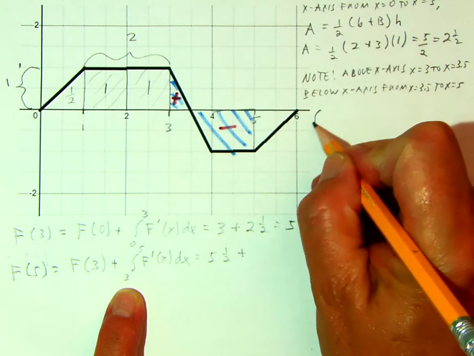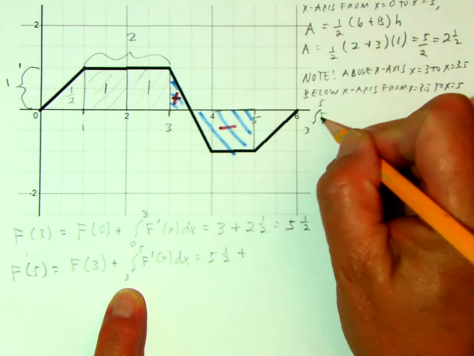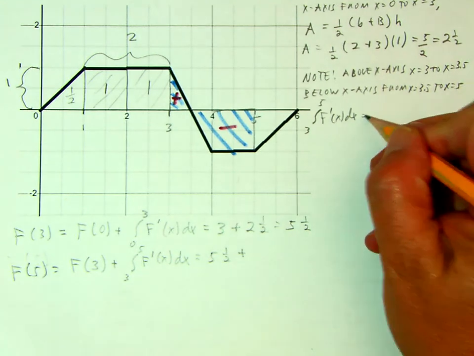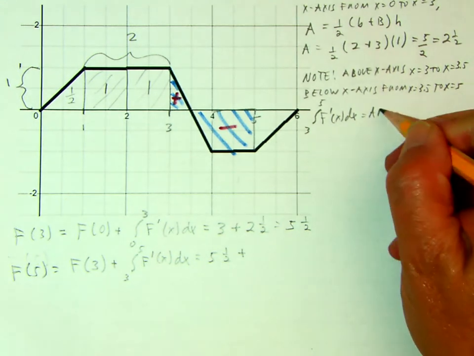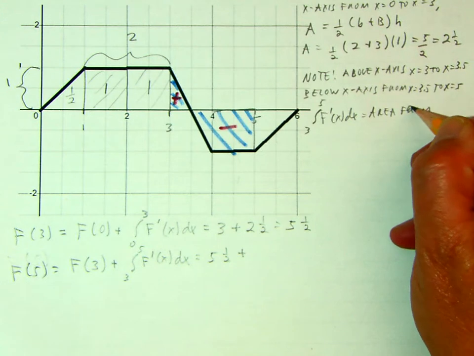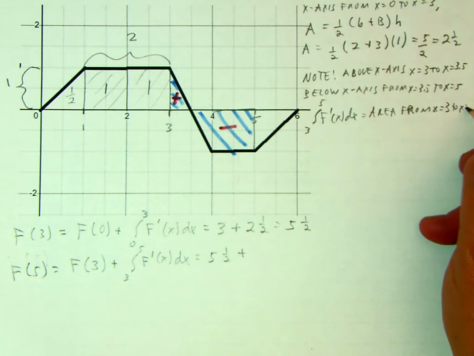So the integral from 3 to 5 of F prime of x dx is the area from x equals 3 to x equals 5.